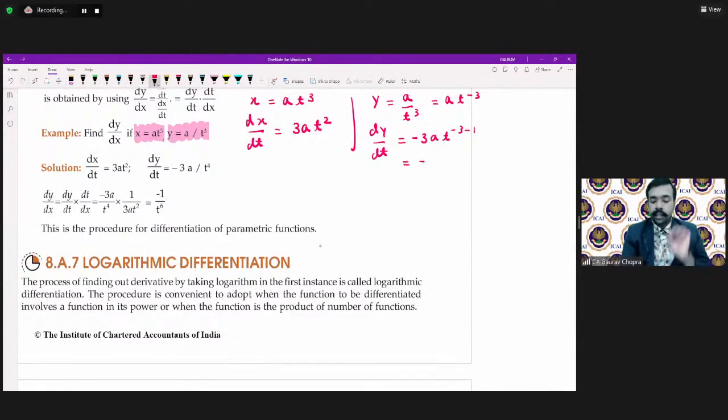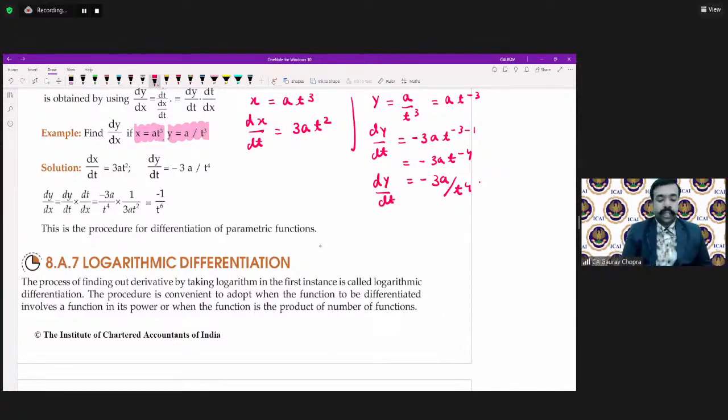So what are we getting? We get minus 3a times t to the power of minus 4, which can also be written as minus 3a upon t to the power of 4. This is dy by dt.